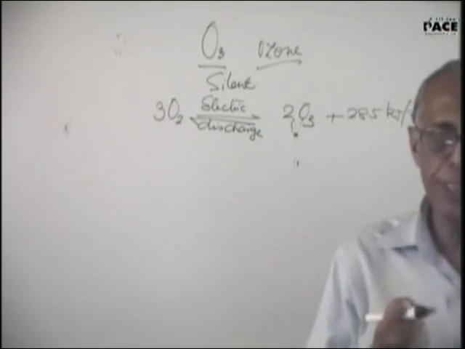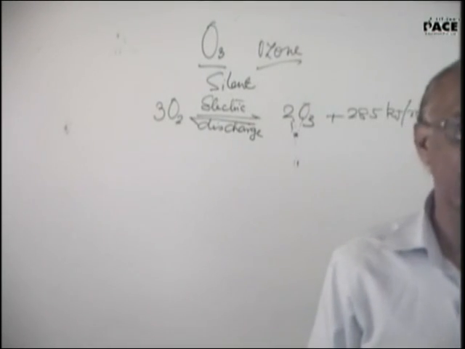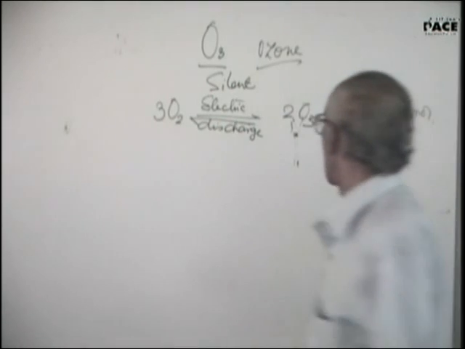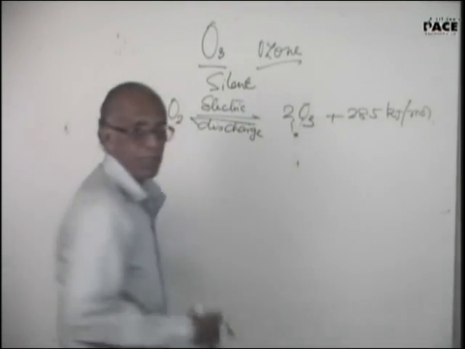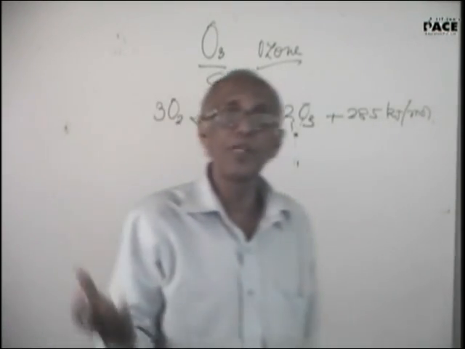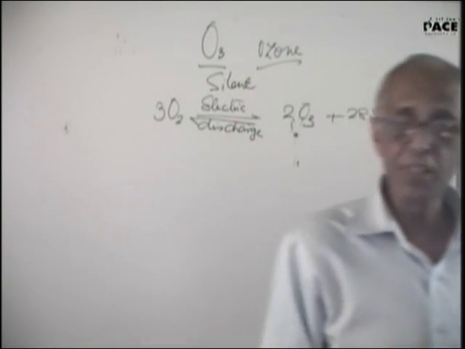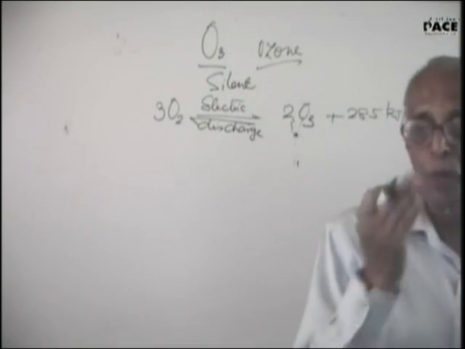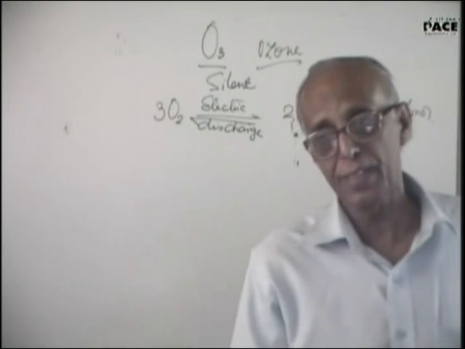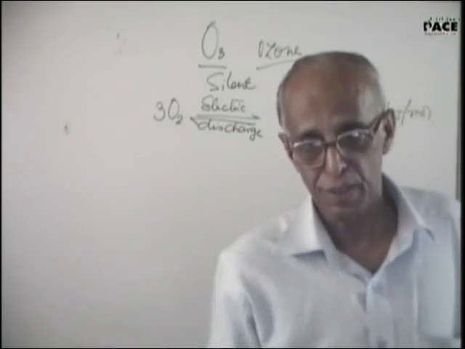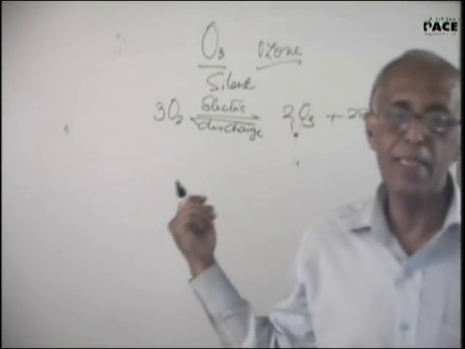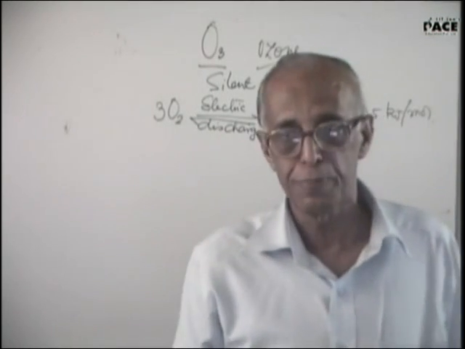It absorbs energy to get converted from oxygen to ozone, because oxygen is more stable than ozone. Since you are converting the more stable variety to a less stable variety, you have to provide energy. And that is why it forms with absorption of energy.